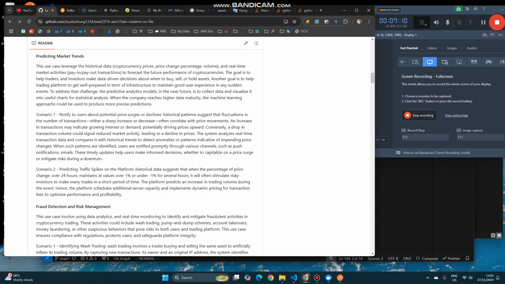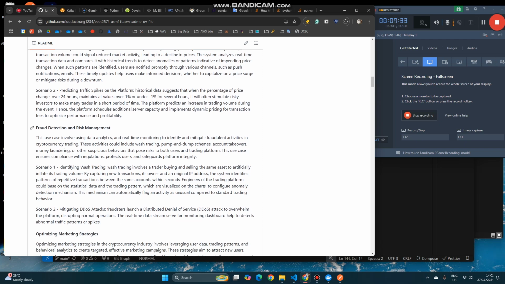We can help the platform prepare by adding additional server capacity, and also adjust the transaction fees to optimize the performance and profitability of the trader. Okay.